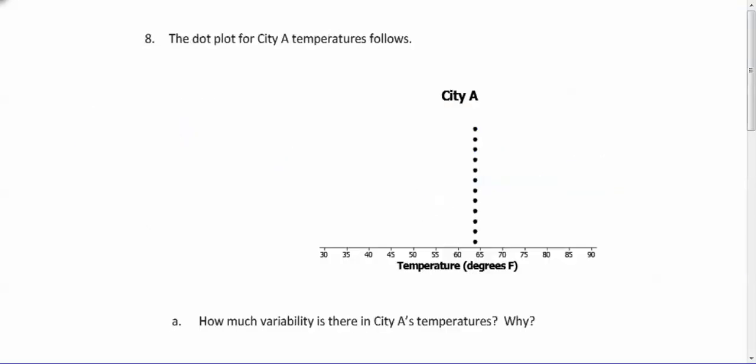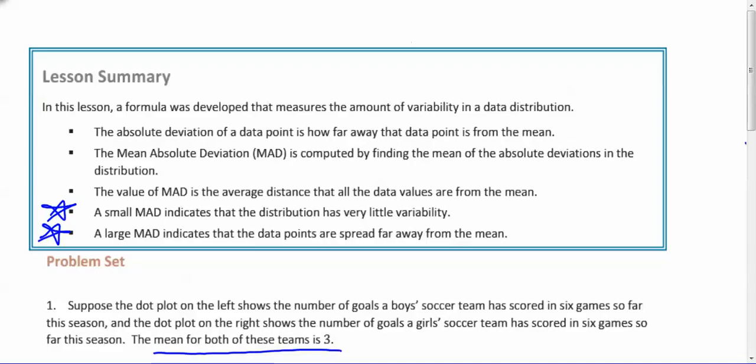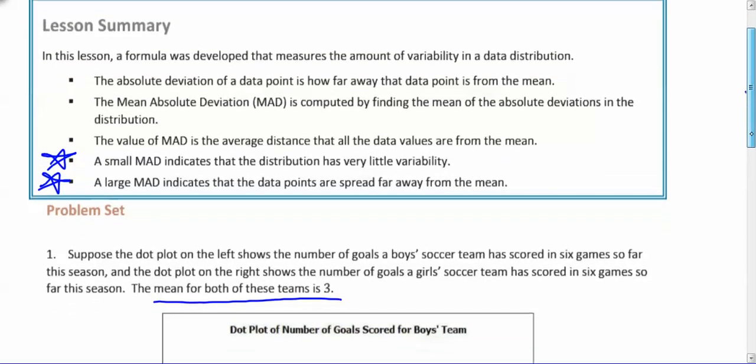Let's go to your homework. They have a bunch of questions, but this lesson summary is pretty much the whole lesson. It's how far away data points are from the mean, absolute deviation. You find that by finding the average of the absolute deviations in the distribution.